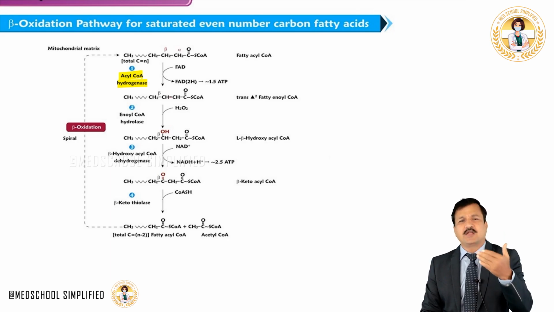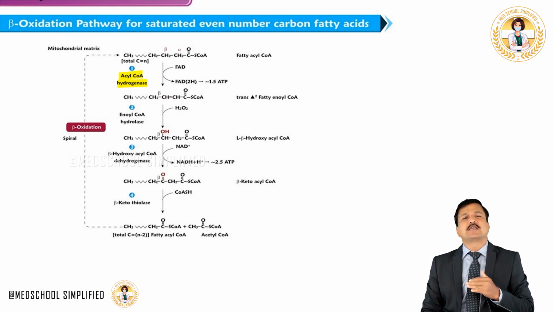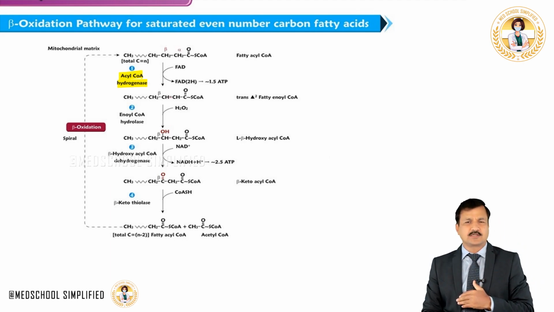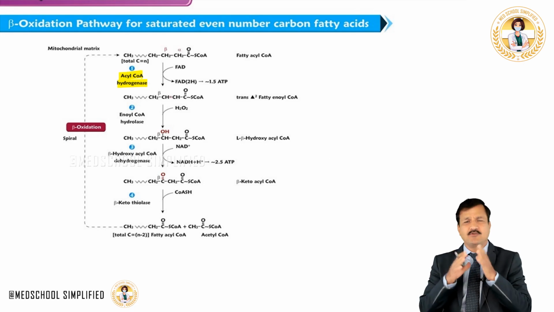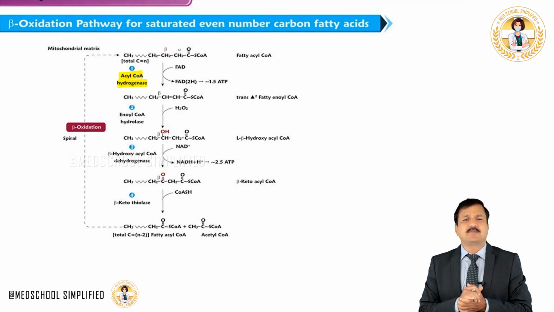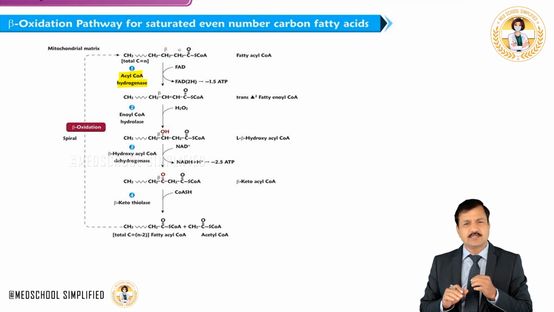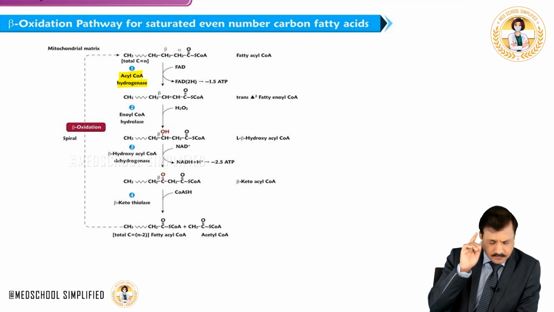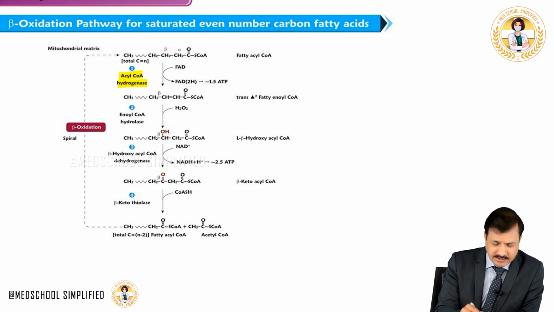Depending on the type of fatty acid, we have all kinds of acyl-CoA dehydrogenases. In fact, for all those reactions 1, 2, 3, 4, we have specific enzymes. That specific enzyme initiates the very first reaction in the beta oxidation spiral.